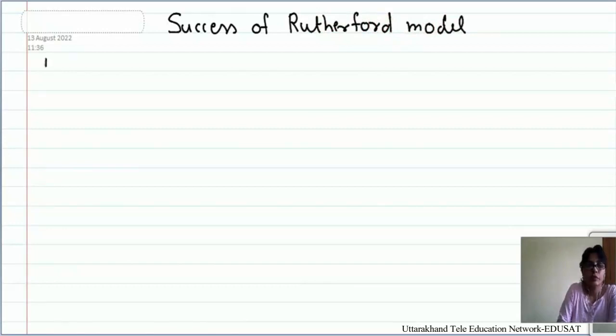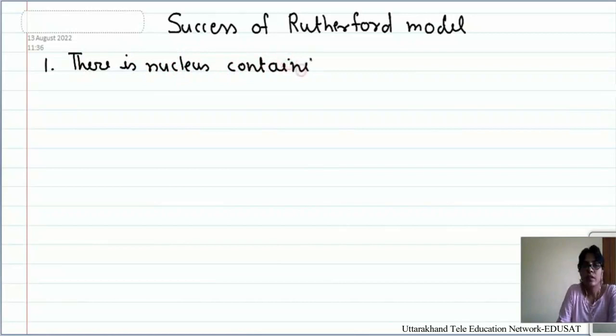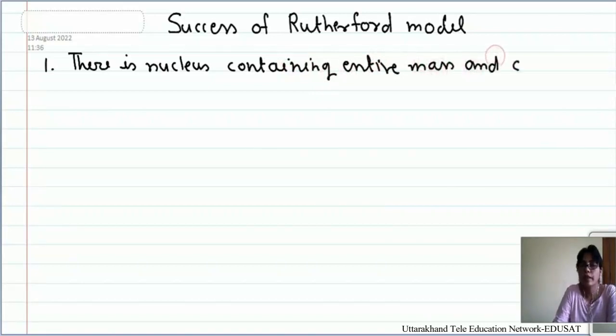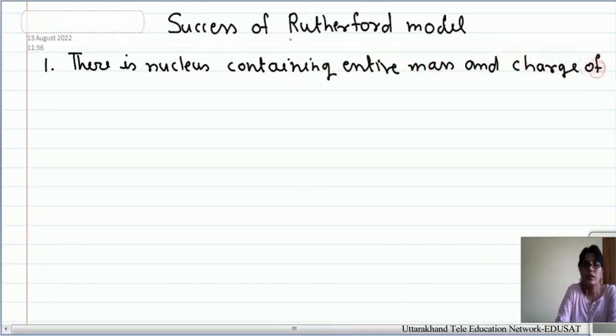The first point is that there is a nucleus containing the entire mass and charge of the atom.